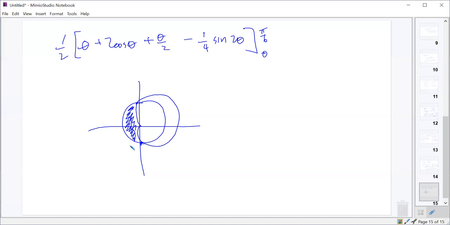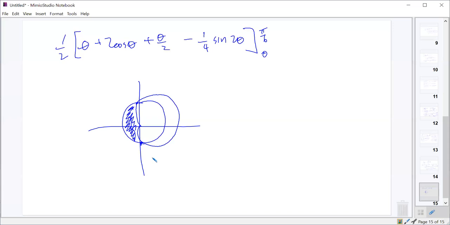But if we were looking for the area that was both inside the cardioid and inside the circle, that one's not too bad either, actually. We just take this semicircle and add the area from here to here of the cardioid. Actually, this one turns out to be pretty easy to find any of them.